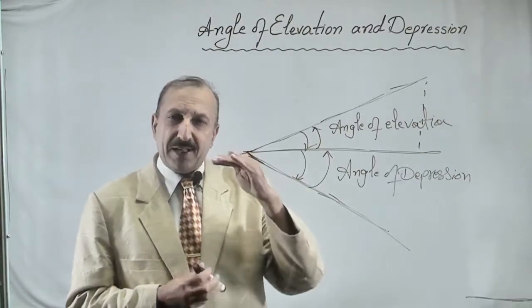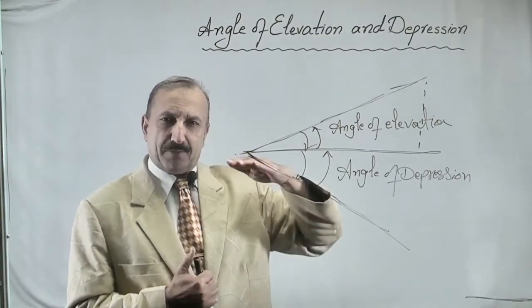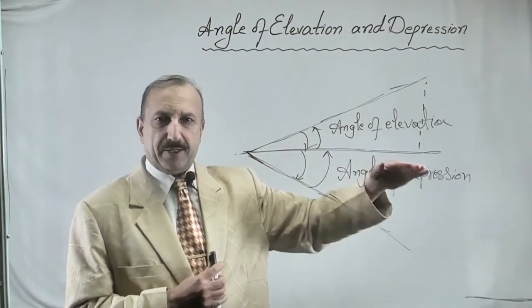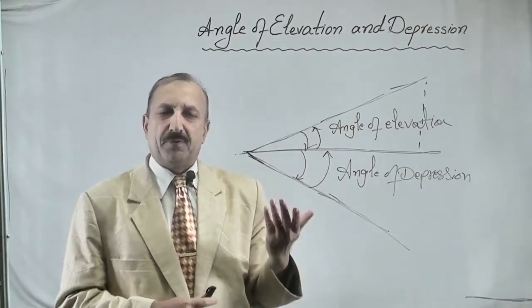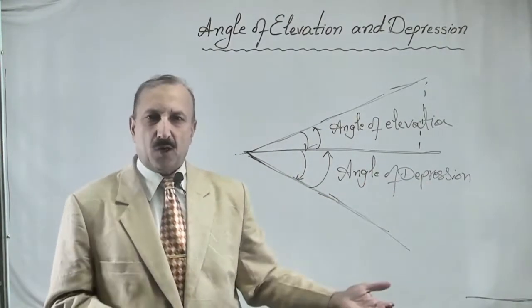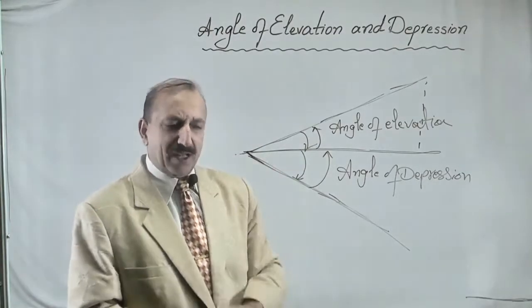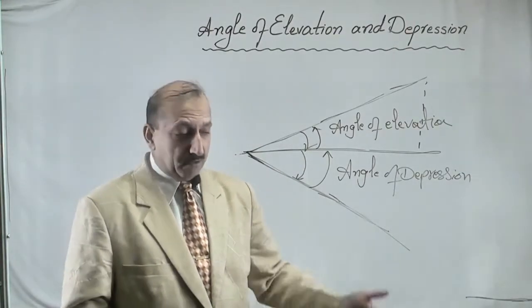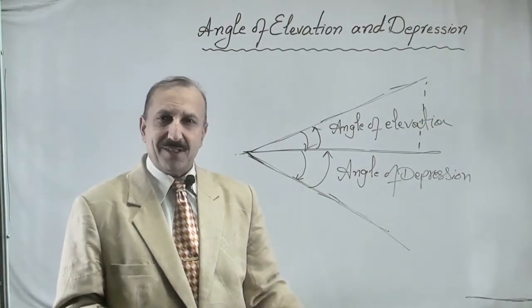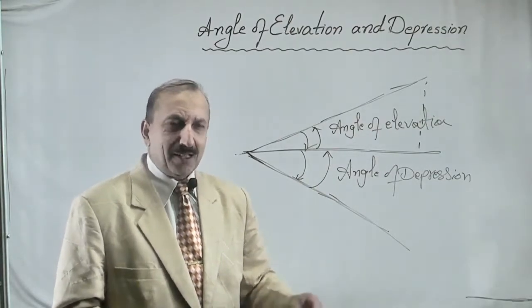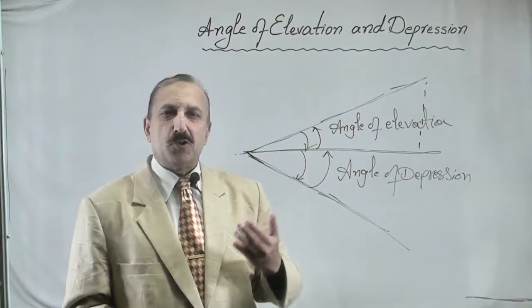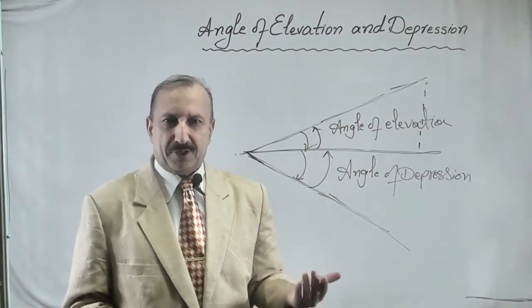For every line that provides you the horizontal line, there may be an example. For example, we are standing on the ground, and when we are standing on the ground, we are at the level of the ground, then below the ground we can't see. We can only see above the ground. Then you will always have the angle of elevation.